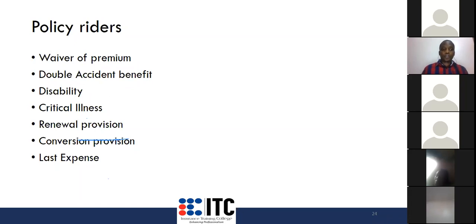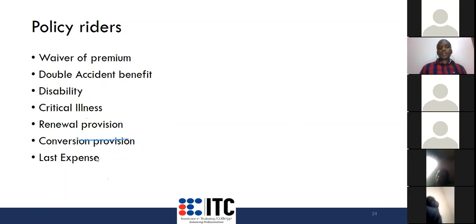So for the onset, they first just cater for their funeral needs. And then as time goes on, they convert the policy into one that has either a savings element or one that has a more estate planning element to it, like a whole life. Yeah, then finally, we have what we call the last expense.